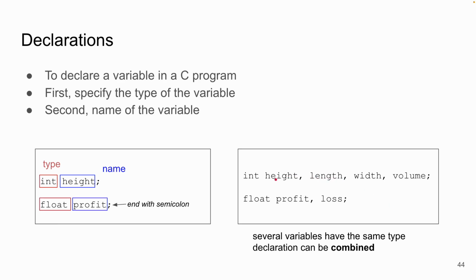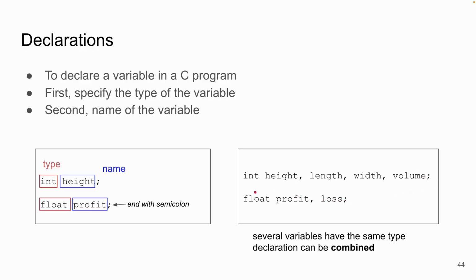You can see that I have 4 variables here, and all of them have the same type int. So I can write a declaration like this. I only need to write down int once, and then I use the comma symbol to separate the names of the different variables, and then I end it with a semicolon here.